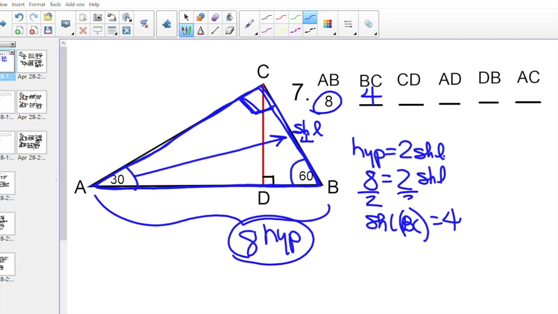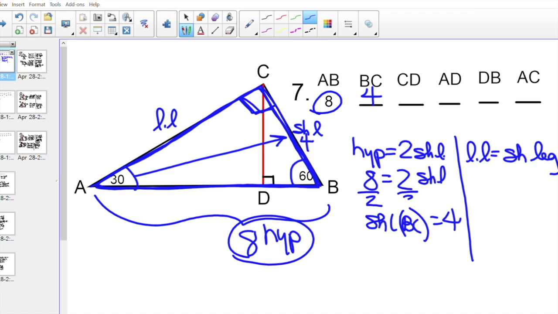So on our list up here, under BC, we would write 4. So this is 4. Now stay within the big blue triangle. Within the big blue triangle, this side over here would be called the longer leg. Well, the longer leg is equal to the shorter leg times the square root of 3.